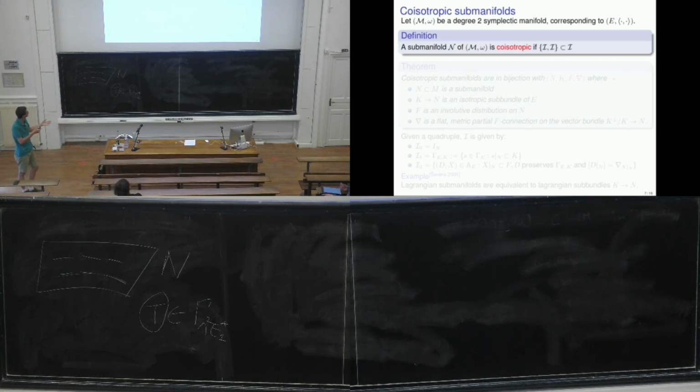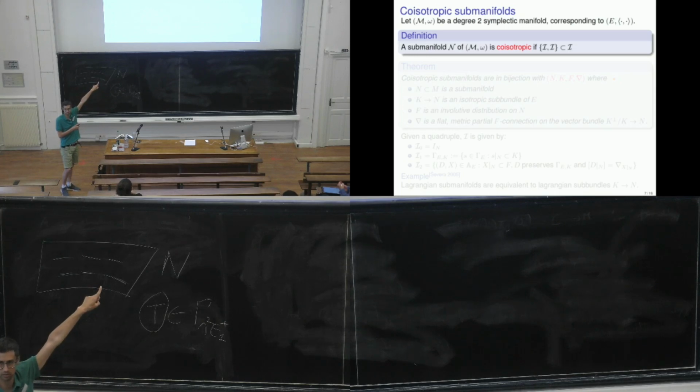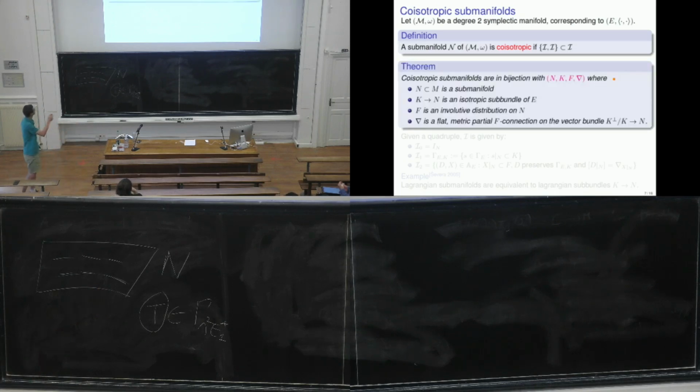So this is just as in ordinary geometry. Now I would like to translate the fact that the submanifold is coisotropic to ordinary geometry, and that means I want to express it in terms of this pseudo-Euclidean vector bundle, the one I have in the upper right corner.